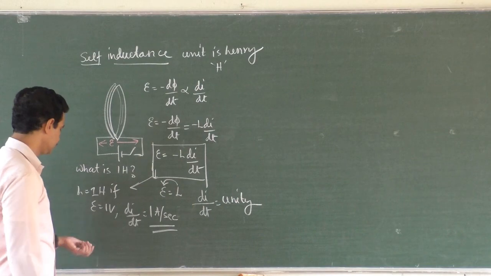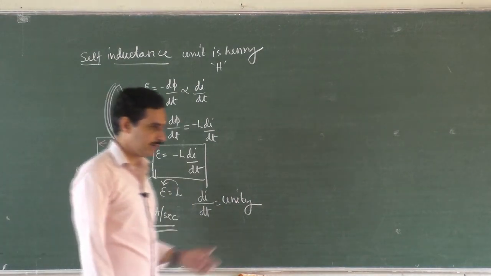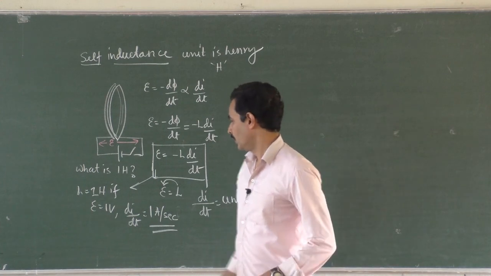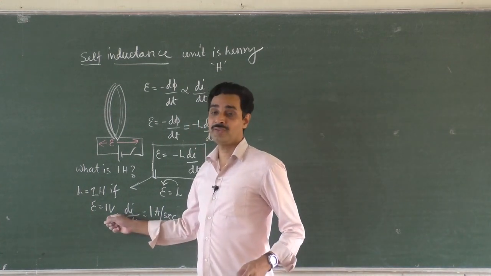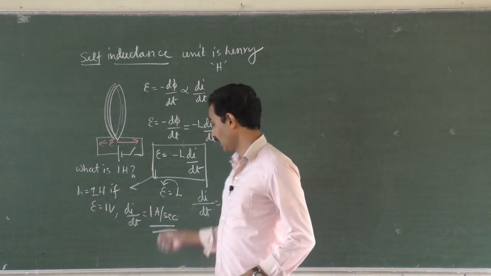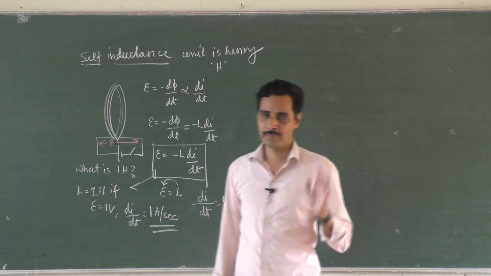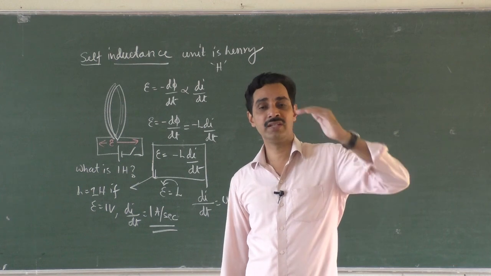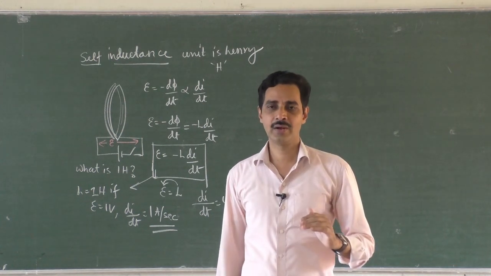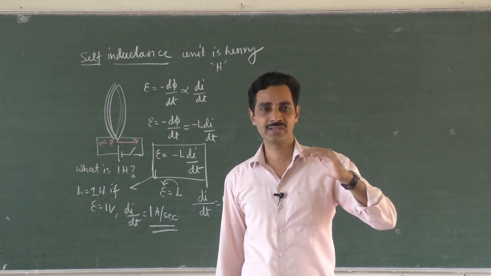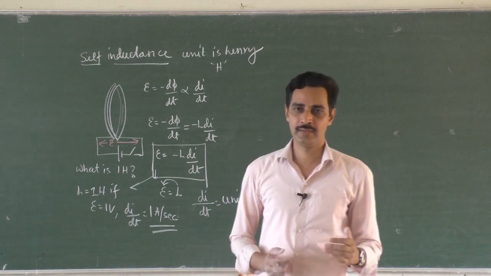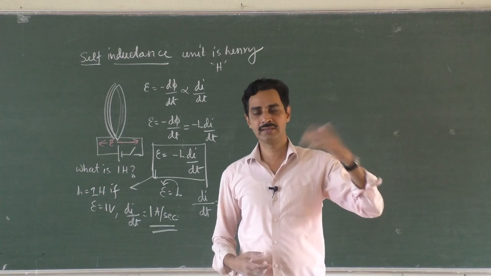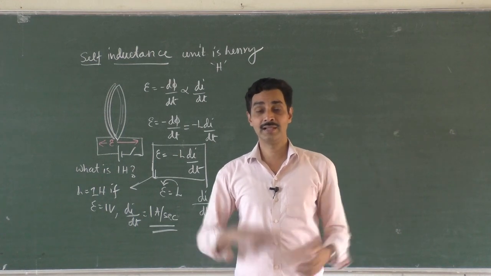Define 1 Henry: self-inductance of a coil is said to be 1 Henry if 1 volt of EMF is induced across the coil when current through it changes at a rate of 1 ampere per second. If current is increasing by 1 ampere every second, at the 0th second 0 ampere, at the end of first second 1 ampere, at the end of 2 seconds 2 ampere, at the end of 3 seconds 3 ampere.